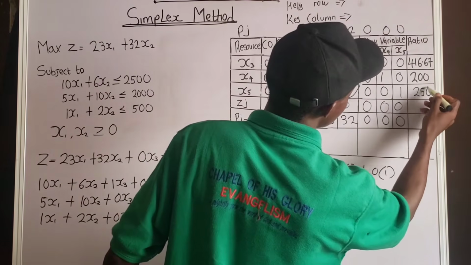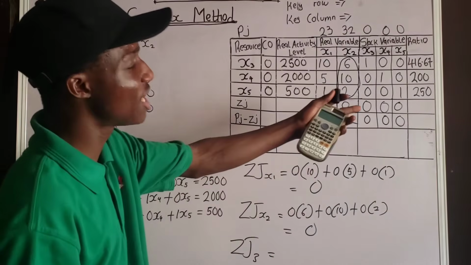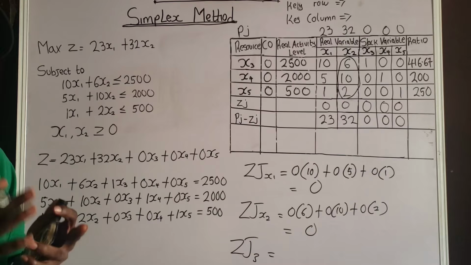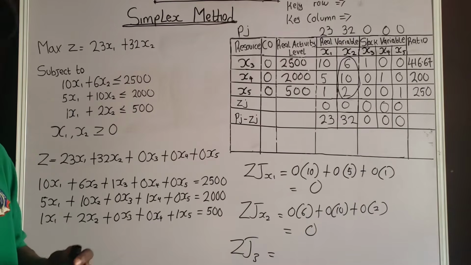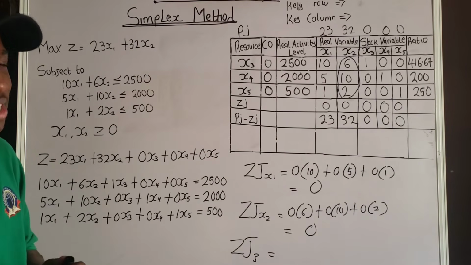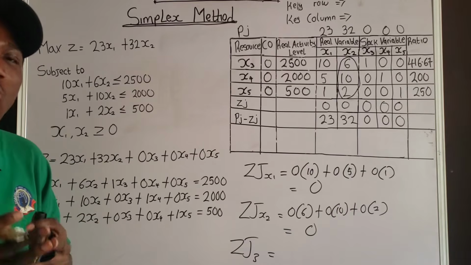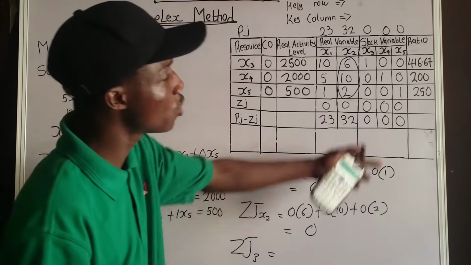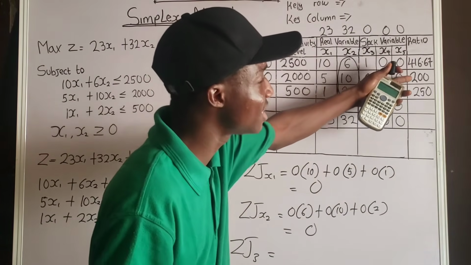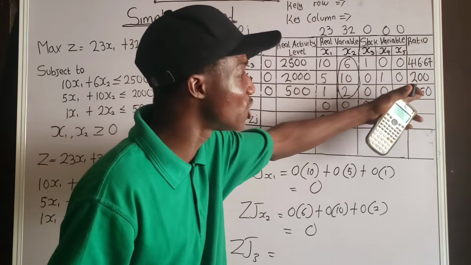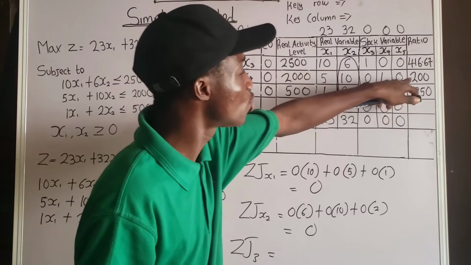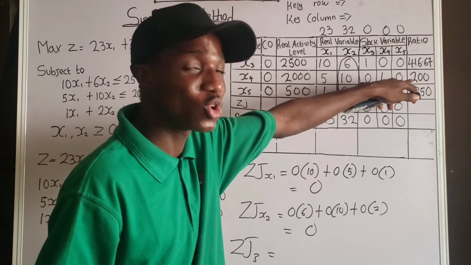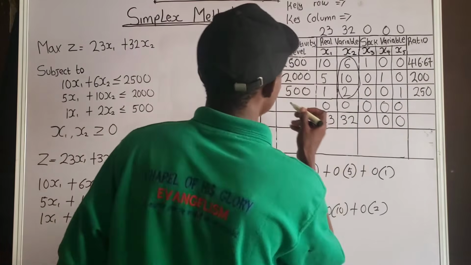Okay, having gotten the ratio, the row to which the lowest value of ratio belongs will be our key row. You understand? If you look at this ratio, the least positive value is 200. So the row to which 200 belongs will be my key row.